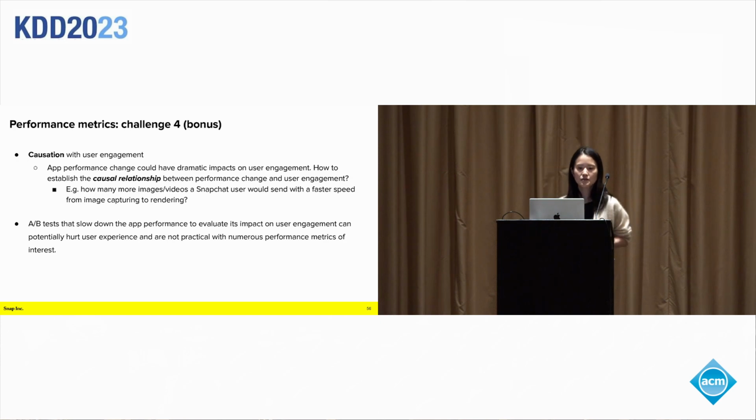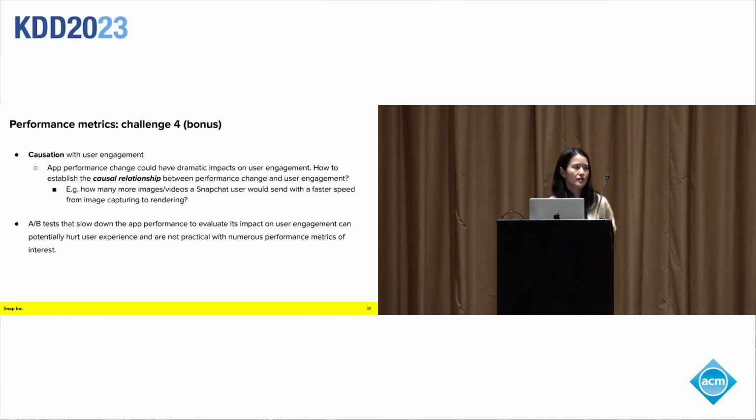Then the question is how to establish the causal relationship between performance change and user engagement. This will really help our app developers to optimize our resources and to drive the best user engagement from app development.